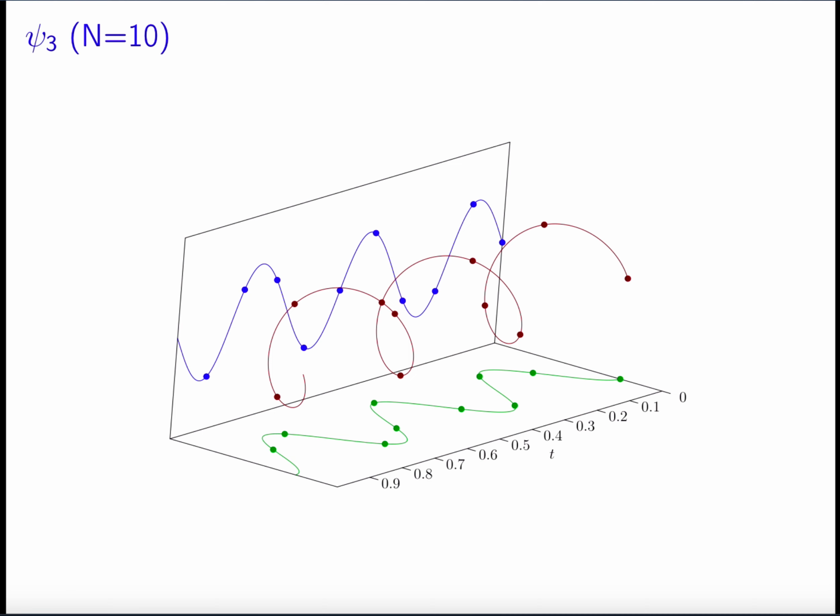It depends on k. Remember that this corresponds to the real part and this corresponds to the imaginary part. And this continuous line corresponds to the continuous sinusoid. We can interpret these discrete sinusoids as samples of continuous sinusoids, but that's not the only way of interpreting them. You can also interpret them as n-dimensional vectors in their own right.